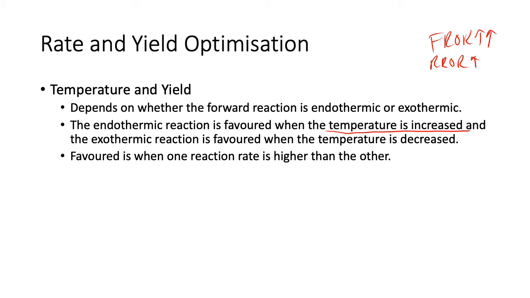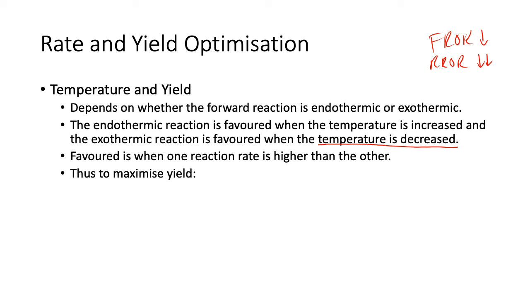When the temperature is decreased, the exothermic reaction is favored: the forward rate of reaction will decrease, but so will the reverse rate, and the reverse rate will decrease more. This is all equilibrium stuff.